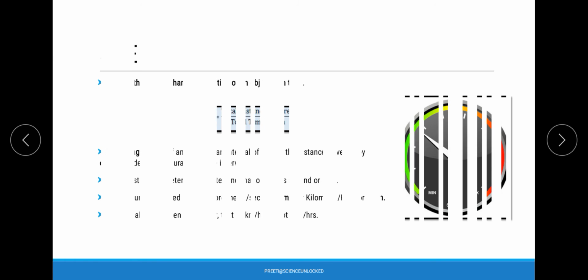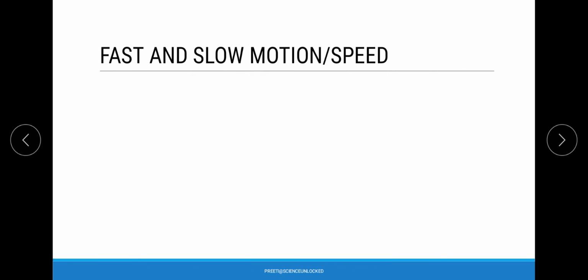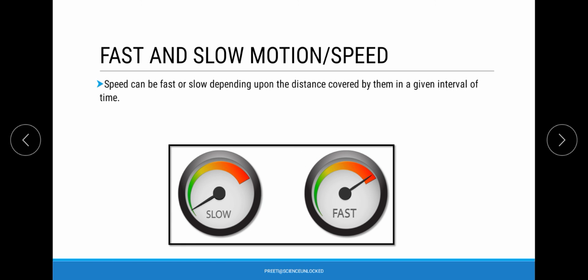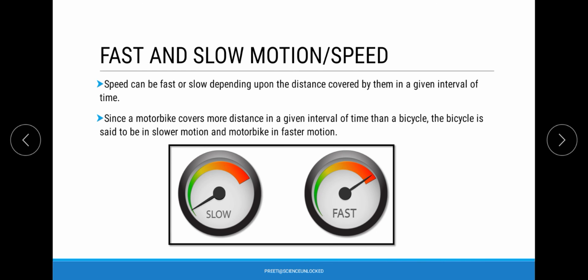The next thing is fast and slow speed, which, as I have already mentioned, is relative. If we want to finalize that something is moving faster and the other thing is moving slower, we need two objects in motion, so that we have a relative understanding.